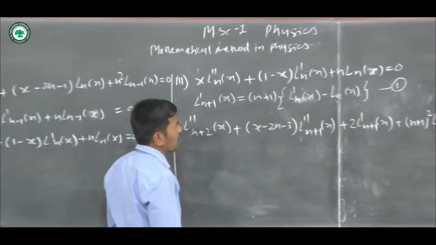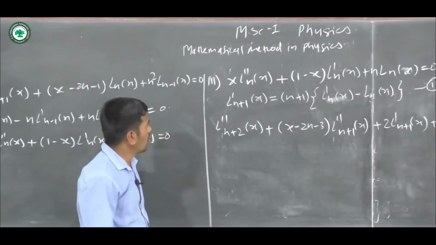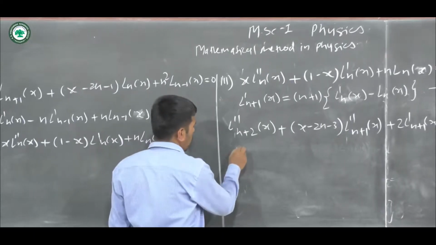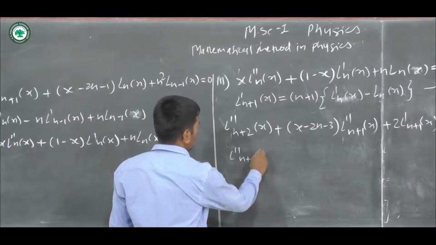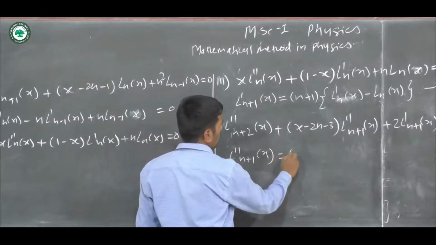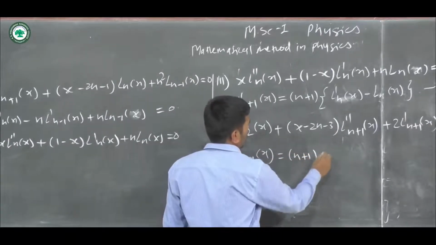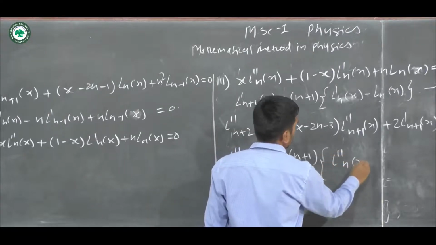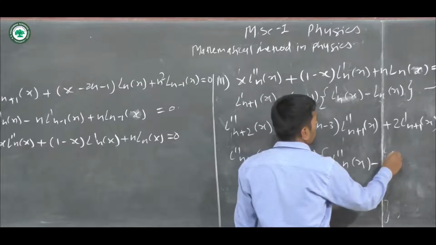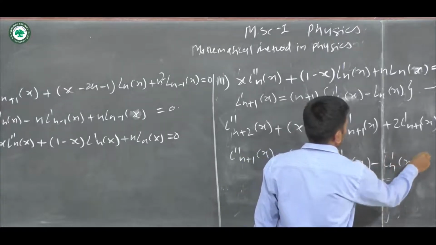So the first equation, if I differentiate with respect to x, it is L double prime n plus 1 of x is equal to (n plus 1) L double prime n of x minus L prime n of x.